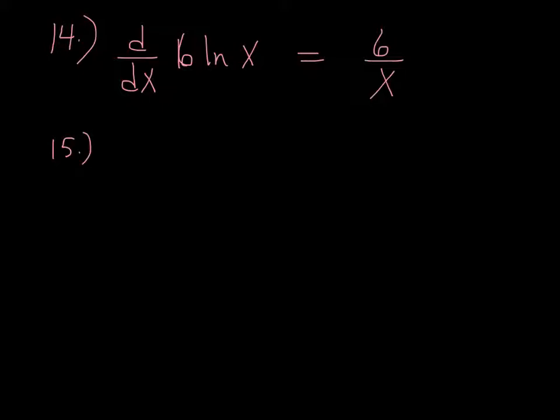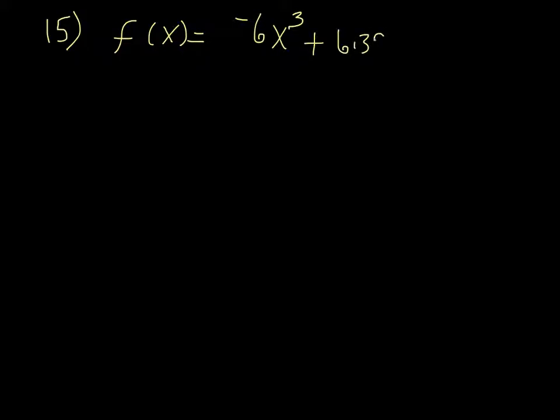Number 15, probably need a whole page for this. We're given the function f of x equals negative 6x cubed plus 6.39x squared plus 163.5336x minus 7.55.